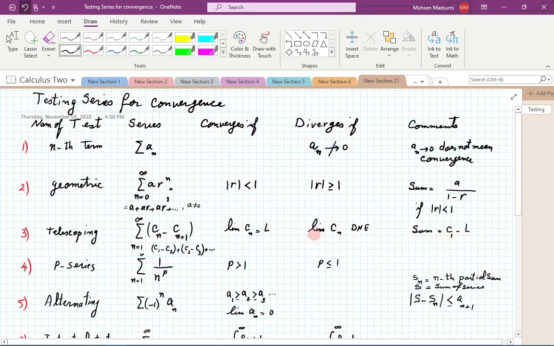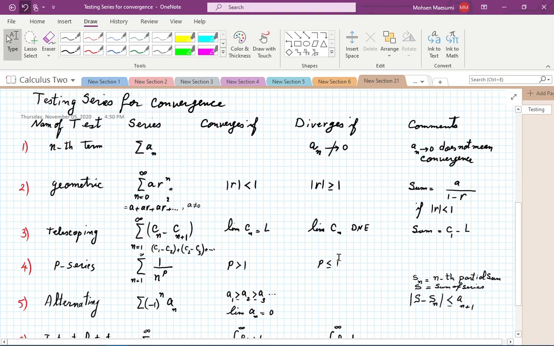And if Cn does not have a limit, then the telescoping series is going to diverge. Next, we had an important series called the p-series, 1 over n raised to a fixed power p. If this power is larger than 1, the series is going to converge, otherwise it is going to diverge.